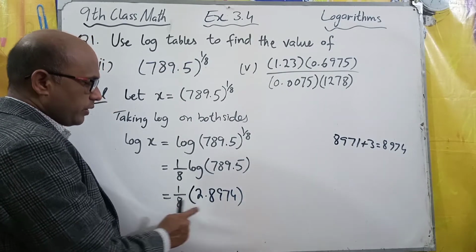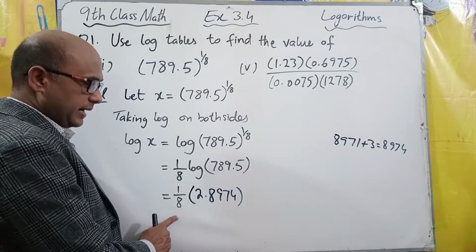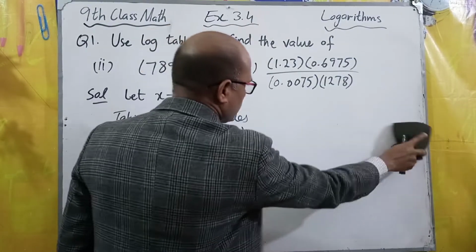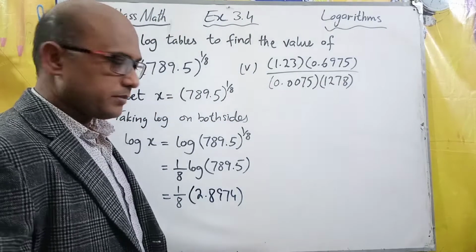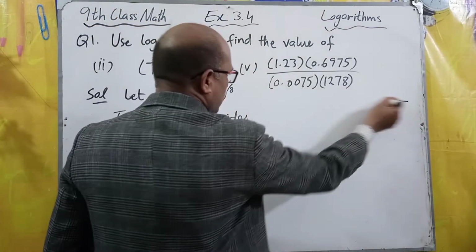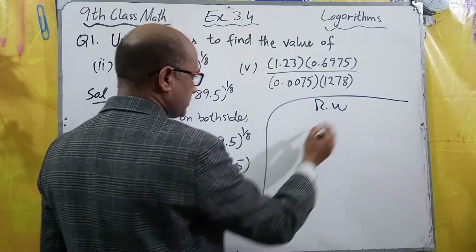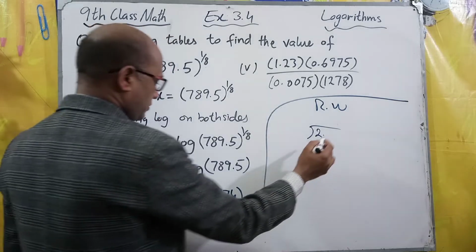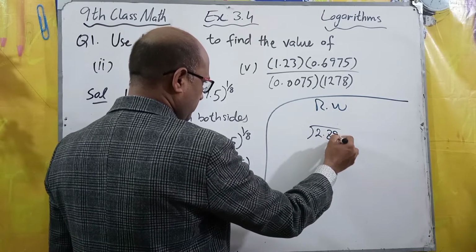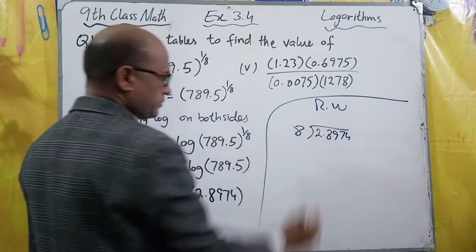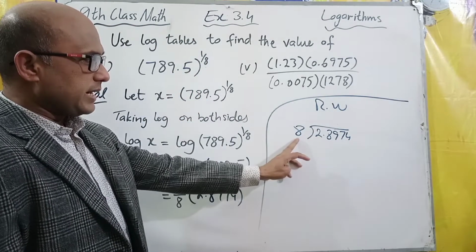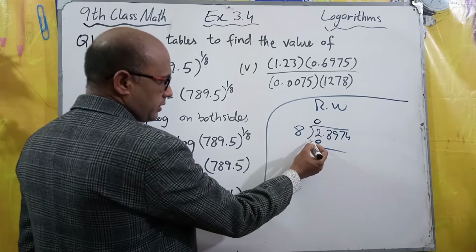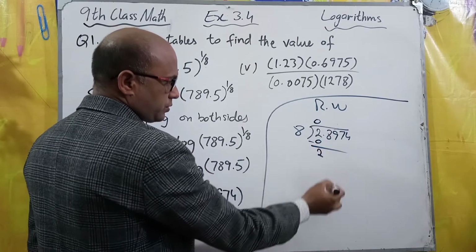Now it is divided by 8. Let's divide them. This is our rough work. Let's divide this number by 8. Two is smaller than 8, so we'll write 8 zeros are 0. 2 minus 0 is 2.